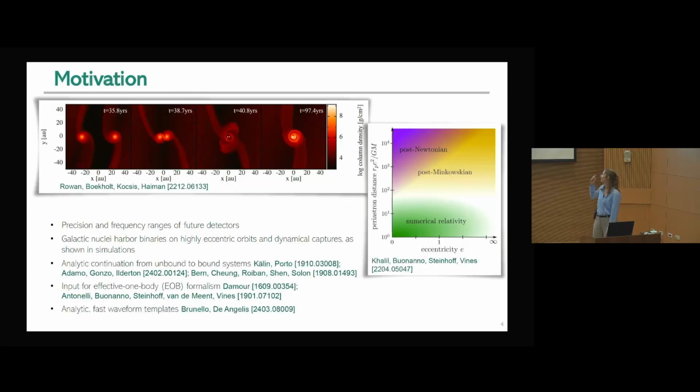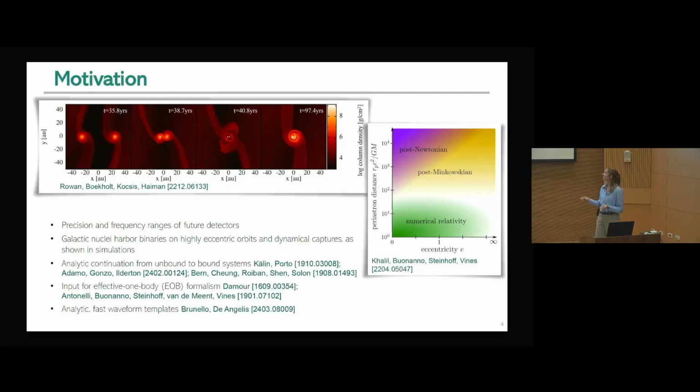But I want to explain why we should still care about this scattering of black holes. First of all, we can just hope that in the future, where we will have new detectors that work on higher precision and different frequency ranges, we can directly observe scatterings like that.